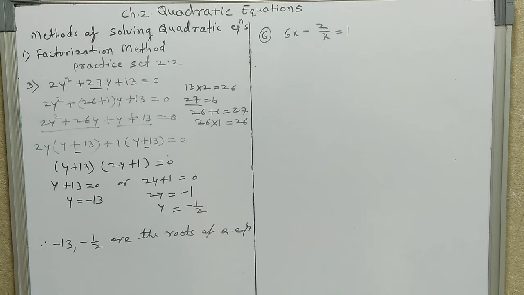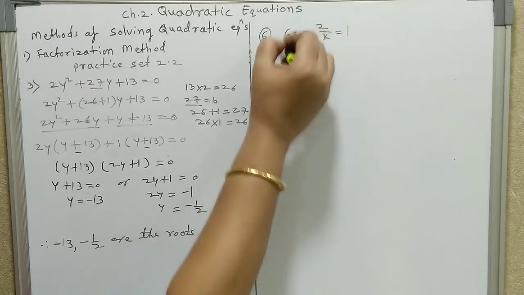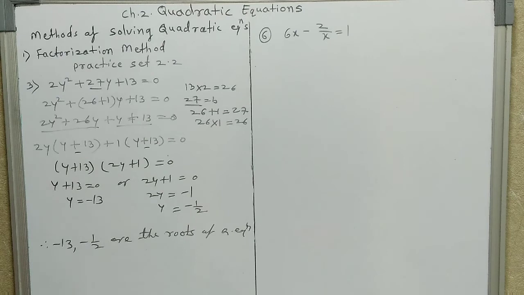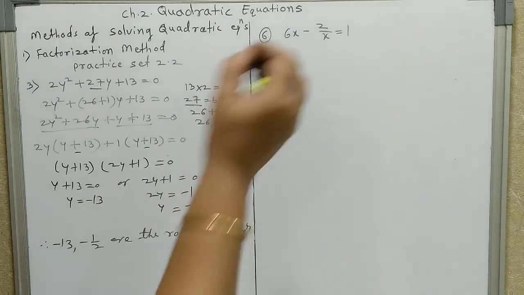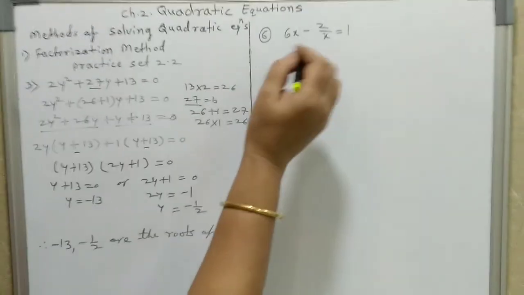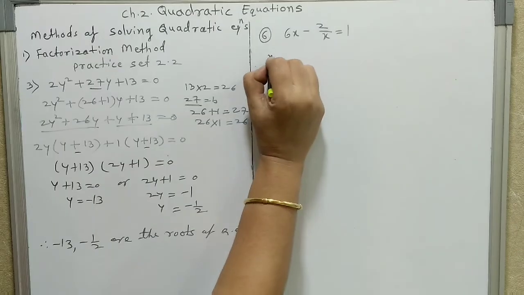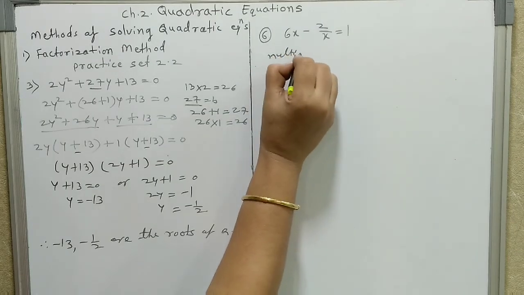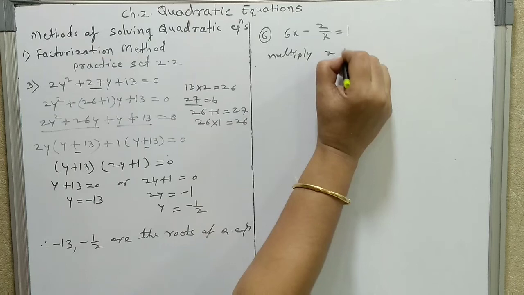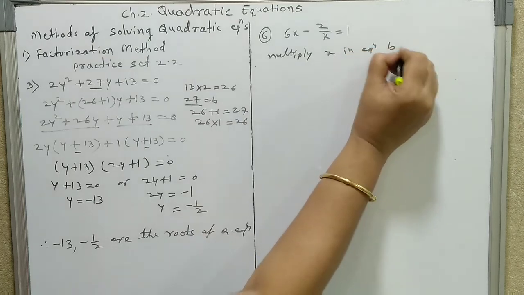Now we see a different type of example. Example number 6 in your practice set 2.2. 6x minus 2 upon x is equal to 1. So here there is a denominator, so this is not in standard form. So we first convert it into standard form. So cancel the denominator x. So multiply x on both sides of the equation.